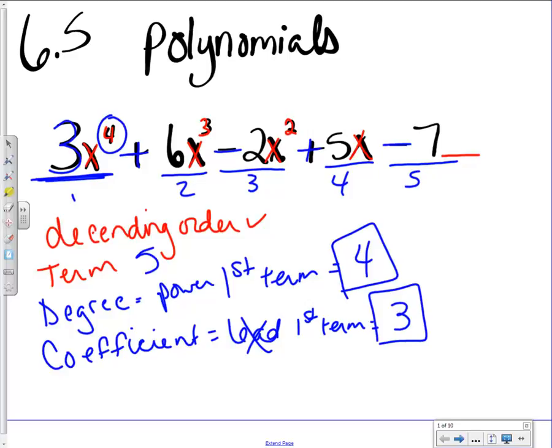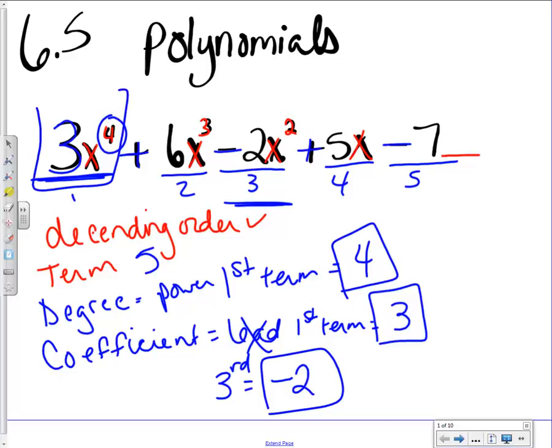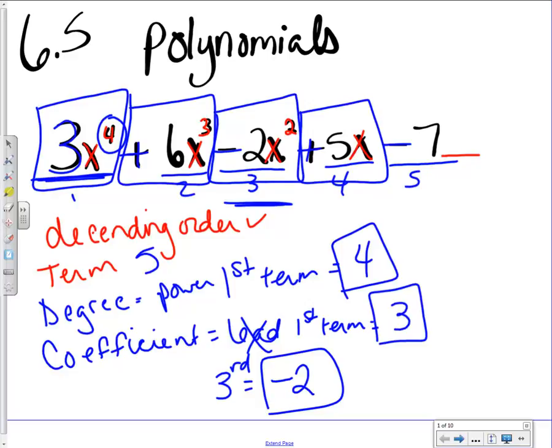What's the coefficient of the third term? Well, this is my third term. The coefficient of that is a -2. What I did here and wanted to point out is I want you to see that they're boxed together by whatever's in front of them. So the symbol that's in front of it goes with it.